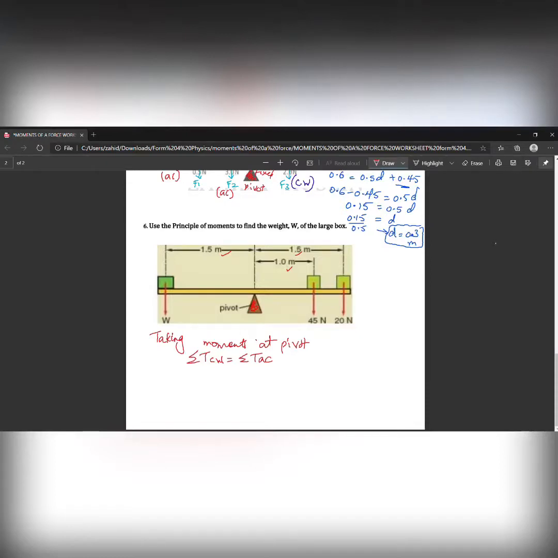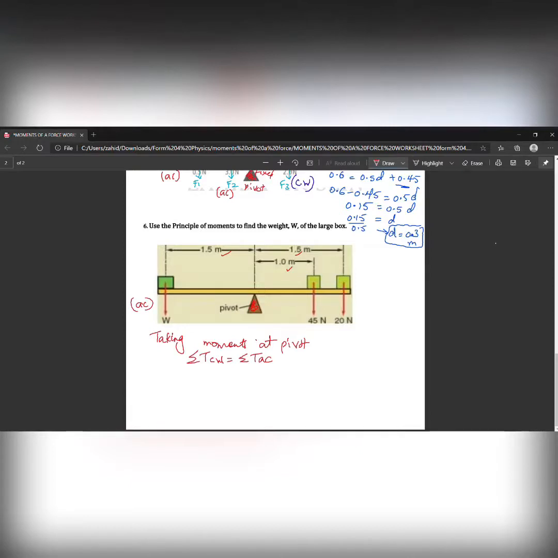Take your pencil or pen, whatever you're writing with, and place it horizontally as your platform. Let's deal with W first. Place your finger at the pivotal point, and push down where W is, and you're going to mimic the situation, exaggerating that motion. You'll realize W is going to act in an anti-clockwise direction if it can cause any turning effect.